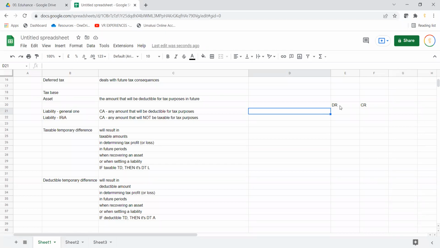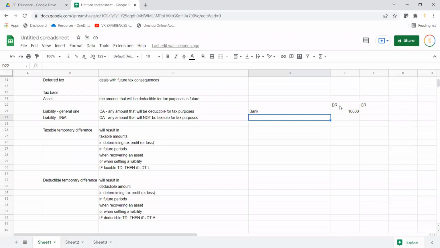Bank is an asset. Because you received money, bank is increasing. An asset increases on the debit side. So I'm going to say debit bank 10,000 Rand. What did you receive this money for? You received this money in respect of rental income for a building that you are leasing.